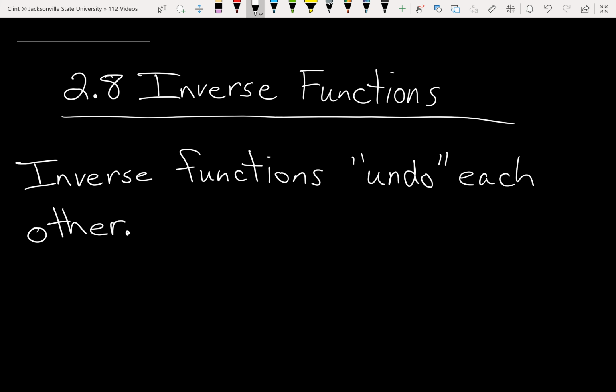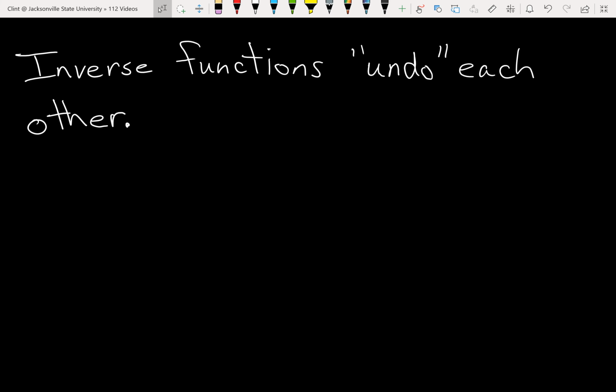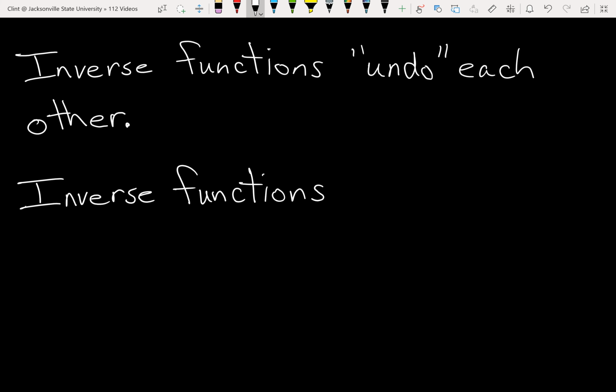One thing you can think about with inverse functions is that inverse functions switch the inputs and outputs, or the x's and y's.